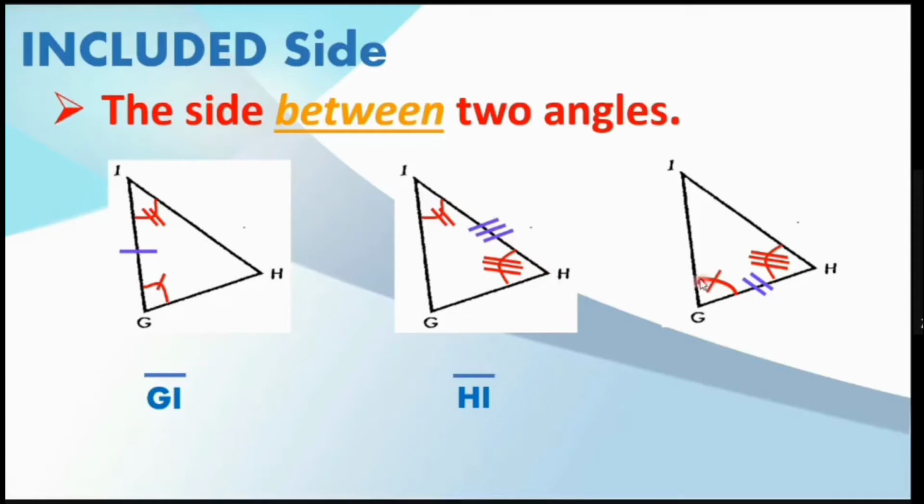Lastly, we have two angles that are marked here, angle G and angle H. The side that is between these two angles is this side. Ito po yung tinatawag natin na included side and that is side GH. Okay, so since we know already what included side is, I think we are ready to answer the following examples.